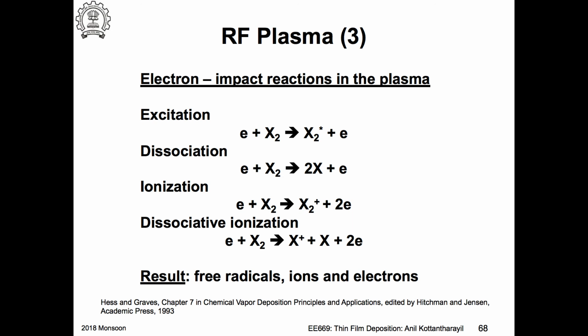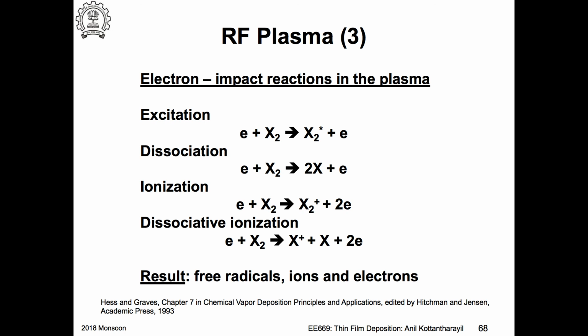With two oxygens, they are very happy; unless there is something very attractive, they don't break up. But if you break them up, the situation changes. With dissociative ionization, you get an ion plus an atom. All these things can happen.